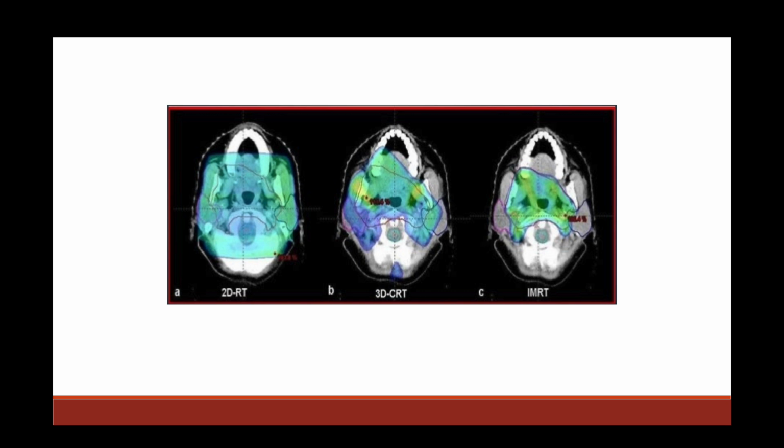And so it really just depends on what the goal of your treatment is, what your patient looks like, what dose you're giving, and a lot of different factors to determine what type of therapy you would use. But I think this image just kind of nicely shows what advantages we might have from an IMRT plan, especially if we're treating in an area with near critical structures like in the head and neck, where that spinal cord is right there. And it also kind of goes to show how conformal these plans can be.